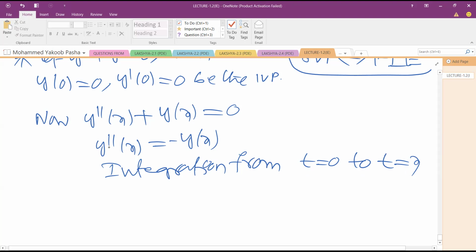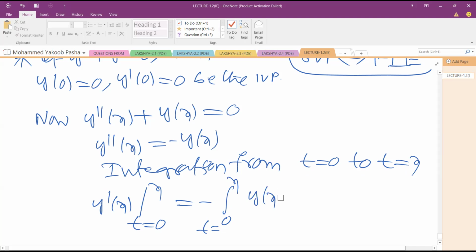That means y double dash integration gives y dash of x, t is equal to 0 to x, minus integral t equal to 0 to x, y of t dt.